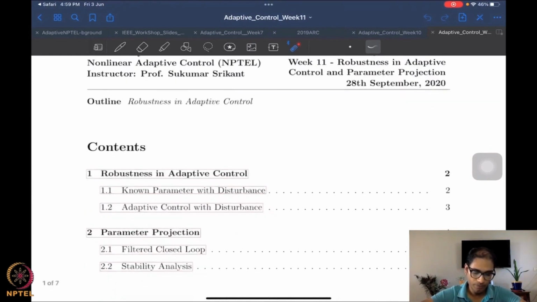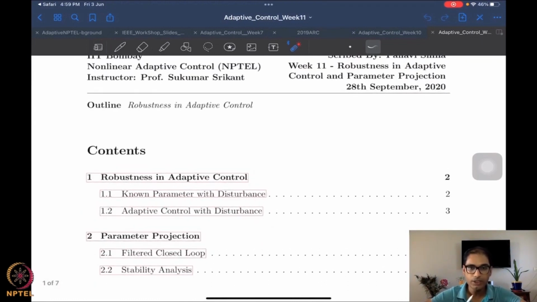Excellent. So what we want to do this week is a slightly different topic, if you may. I mean, still adaptive control, of course, but we want to deal with the robustness question.